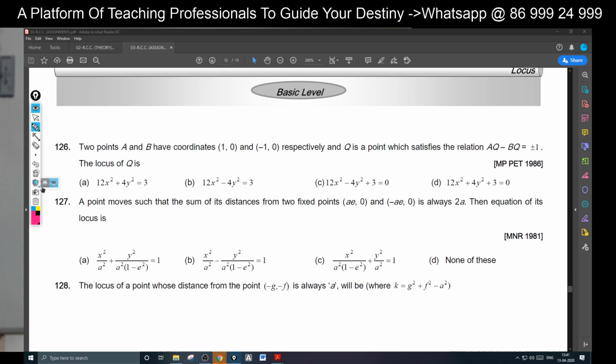Now, let me proceed. Let P x naught y naught be the variable point on the locus.